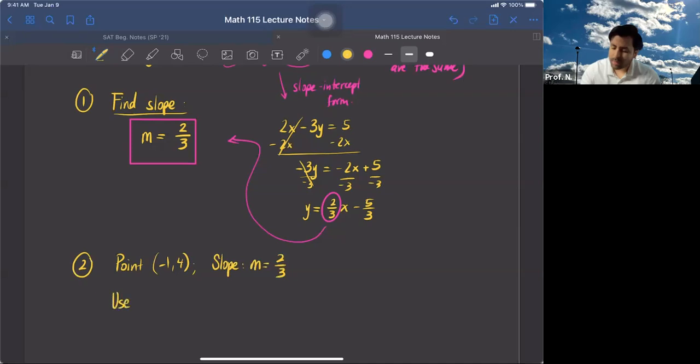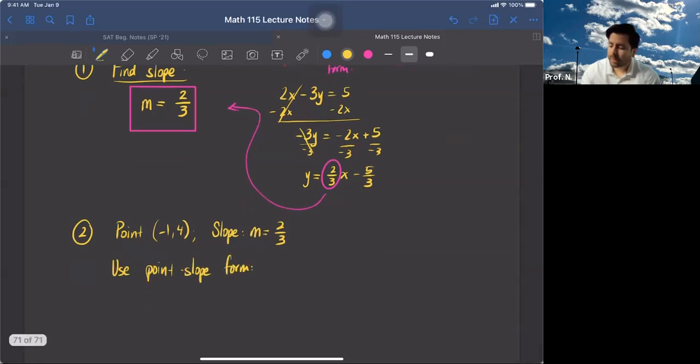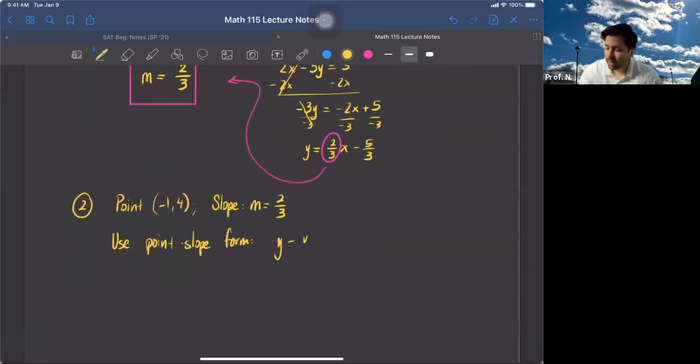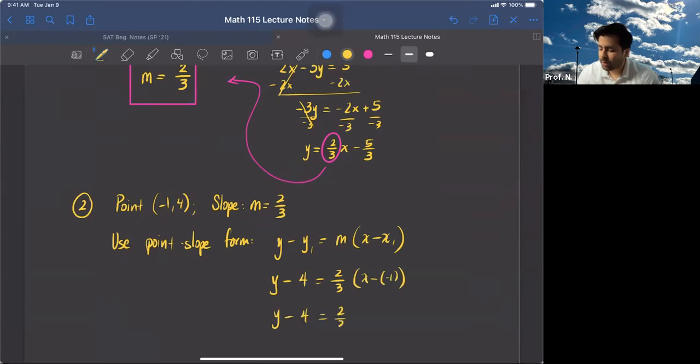Use point-slope form. So it's going to be what? y minus y1 equals m times x minus x1. y minus 4 is equal to 2/3 times x minus -1. So y minus 4 is equal to 2/3 times x plus 1.